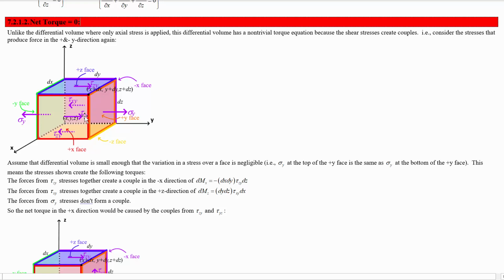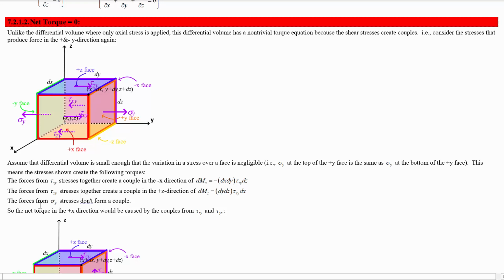Similarly, the xy shear stress we're showing here would create a net moment in the positive z direction, given by tau xy times the area of the x face, which is dy dz, multiplied by the distance between those two, dx. So we have moments created by the shear stresses.